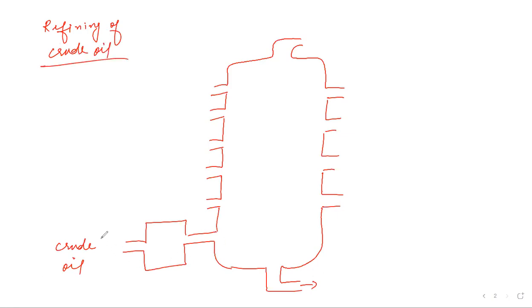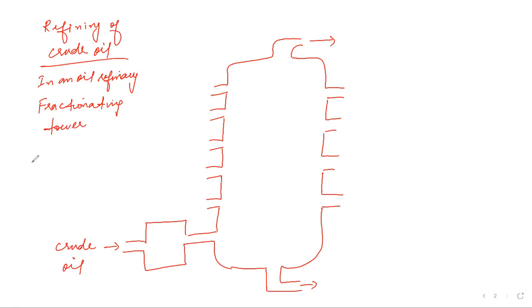Yes, Sahil, we are going to refine crude oil, and refining of crude oil is done in an oil refinery. In the oil refinery, there is a fractionating tower where the process of refining occurs, just like the fractionating column used for fractional distillation at the lab scale.